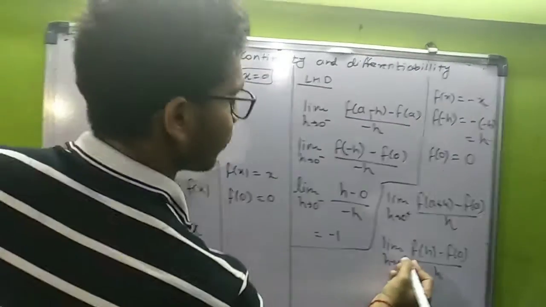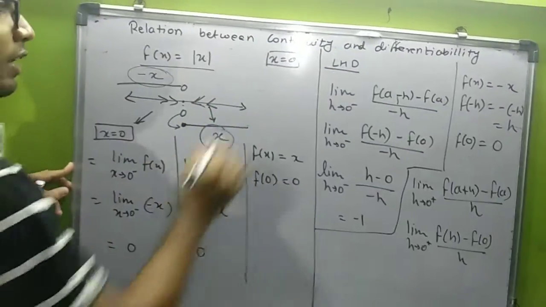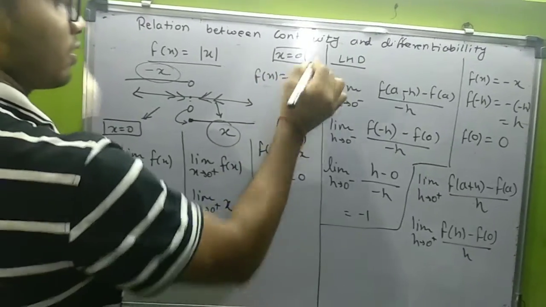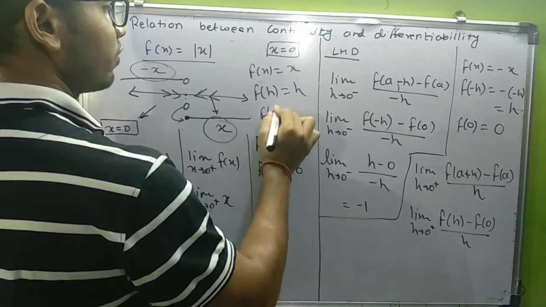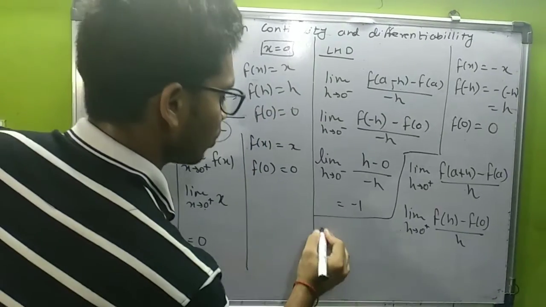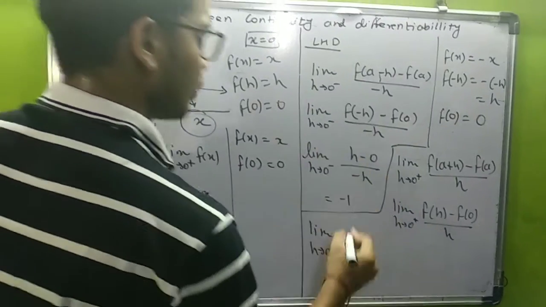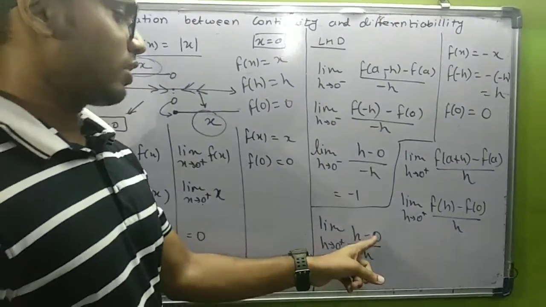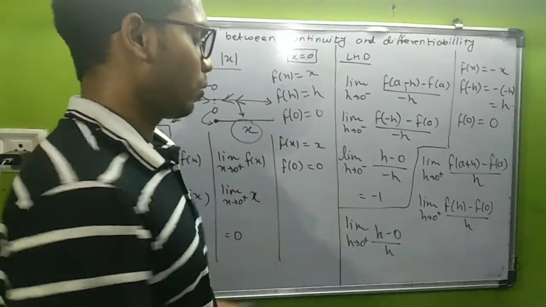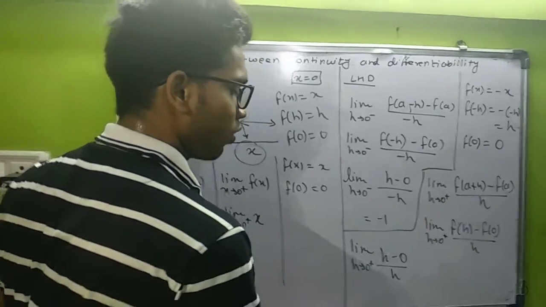Now 0 is being approached from this side, and in this region our function is x. So f of h is going to be h and f of 0 is going to be 0. So limit h tends to 0 plus of h minus 0 upon h. h minus 0 is nothing but h only, and h will cancel out.